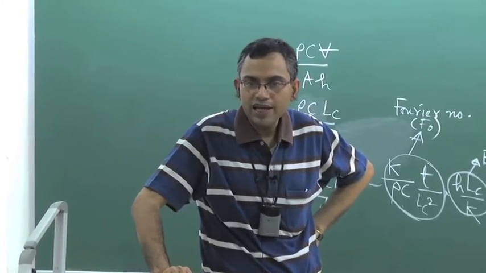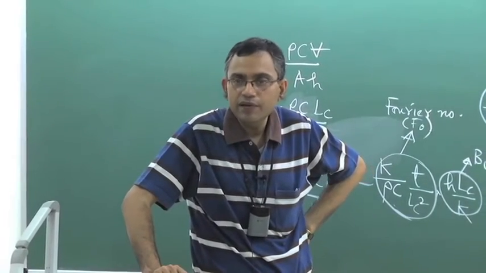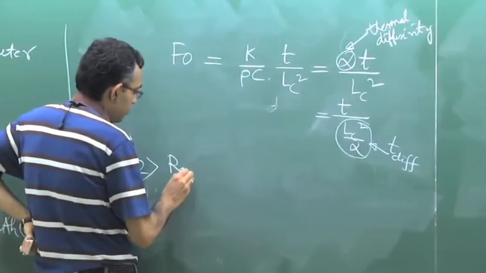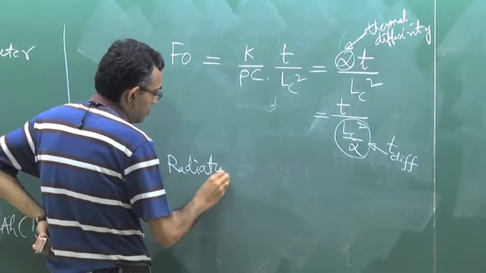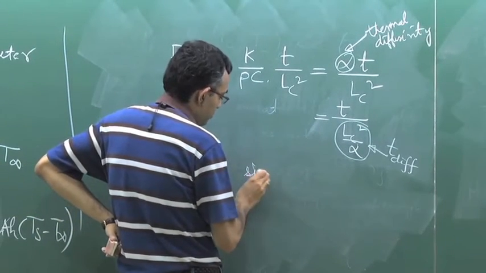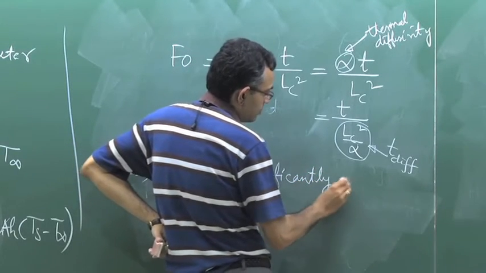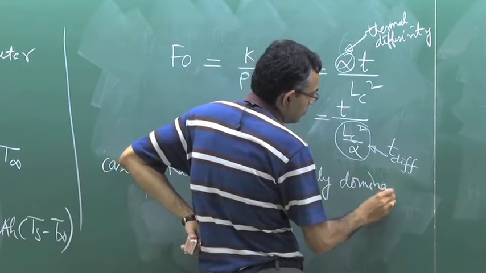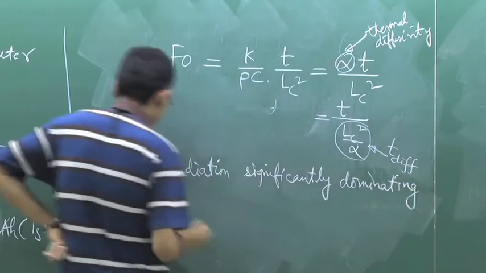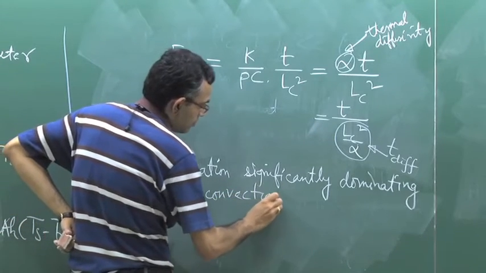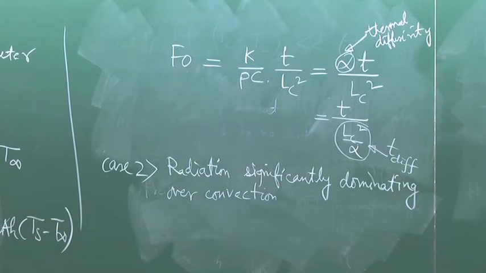The other limiting case is when radiation is significantly dominating over convection.